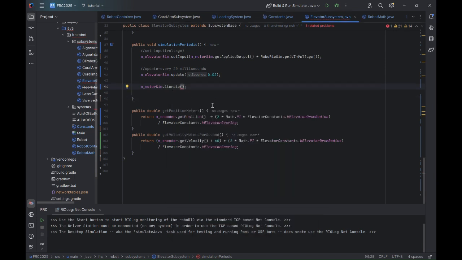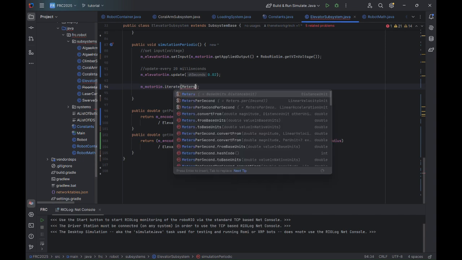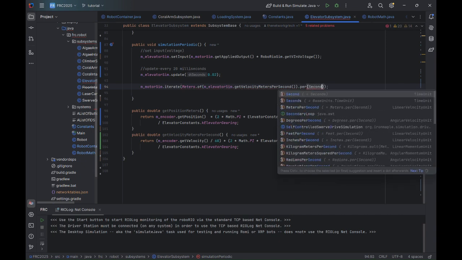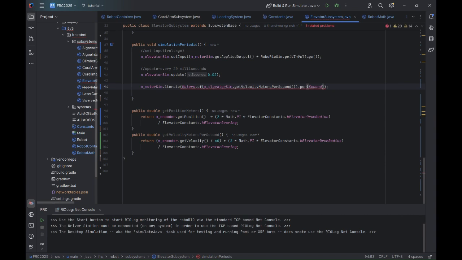Since we're using meters for the elevator, and if we want RPM, we can just take the velocity and convert it back to RPM. So meters per second of get velocity, and we want it to be in RPM.